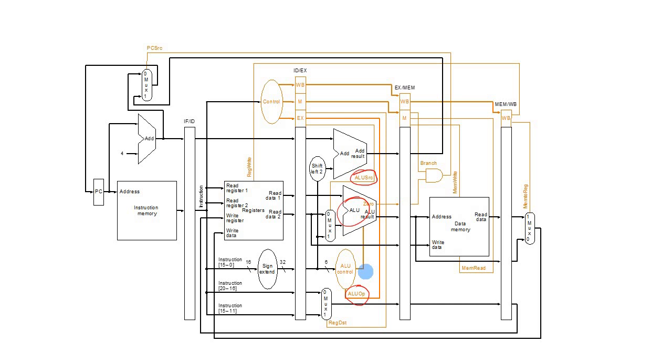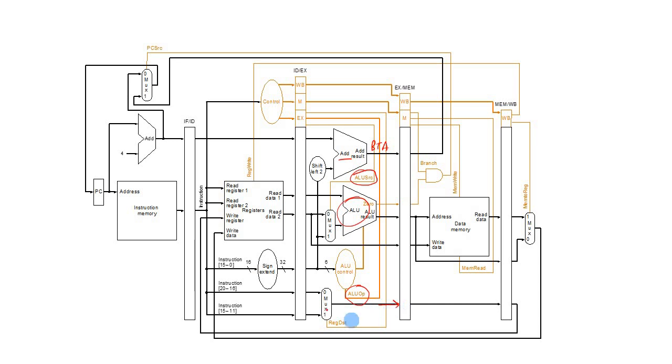Okay, so in the third stage, EX stage, I do the ALU operation. As you can see, I also do the addition to generate the branch target address. So this is a branch target address, and I also have the destination register here.